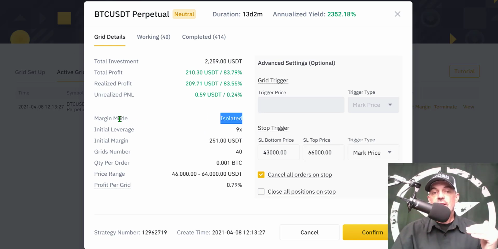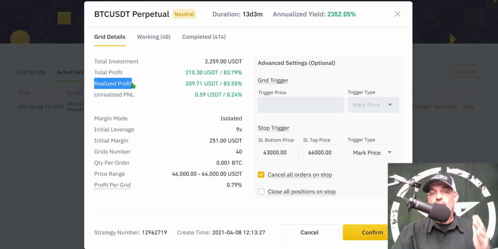And because I selected the margin mode of isolated, only my initial margin is actually at risk. Had I selected cross as the margin mode, then my risk would have been spread across all positions with similar assets. But in this case, my risk is isolated to this particular situation. So I'm risking $251, and therefore my profit percentages are based off of my initial margin.